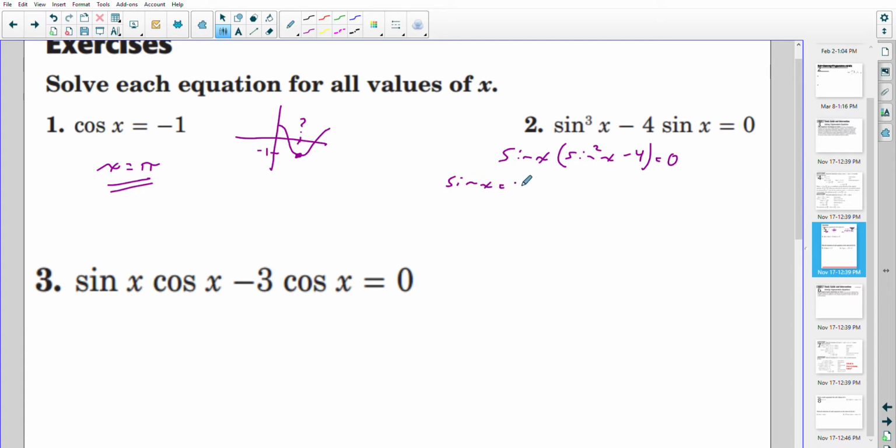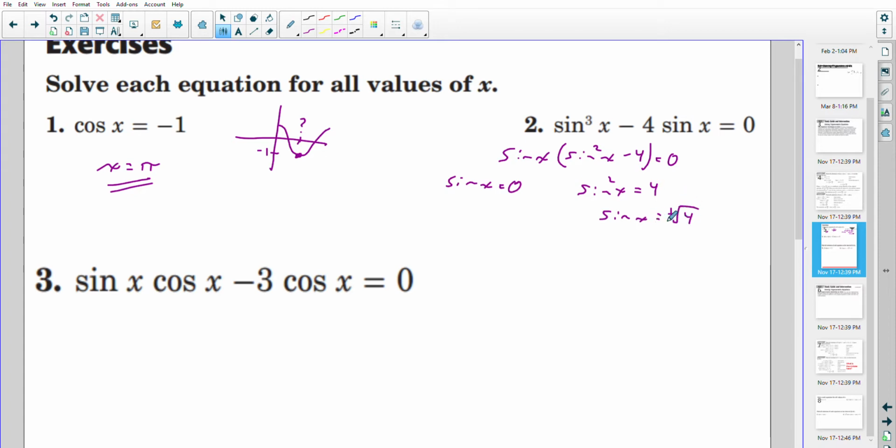Sine x can equal 0, or sine squared x minus 4 equals 0, which means sine squared x equals 4. Sine x would equal plus or minus the square root of 4, which is equal to 2.